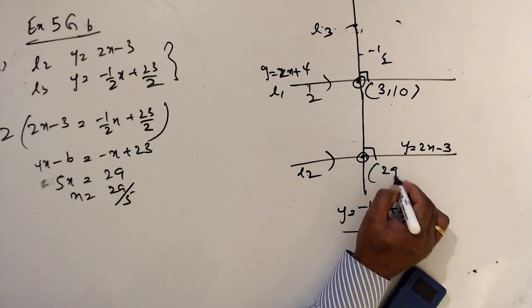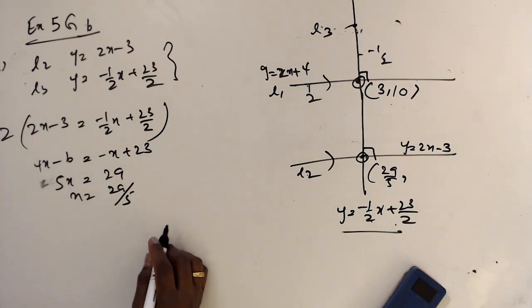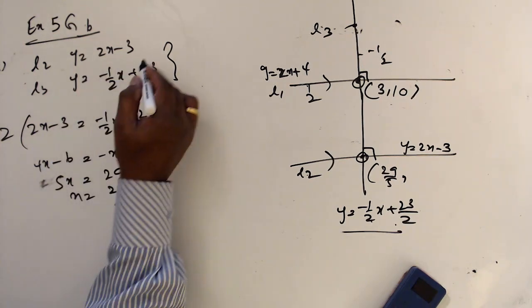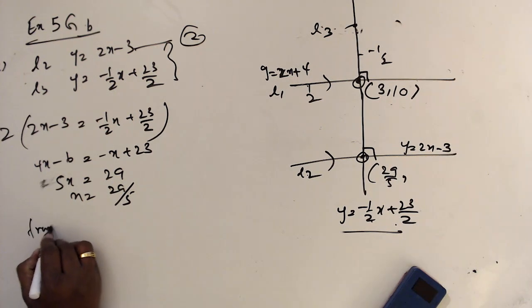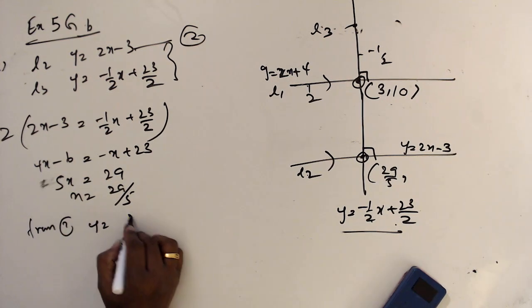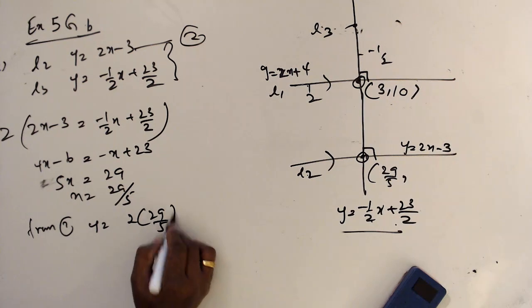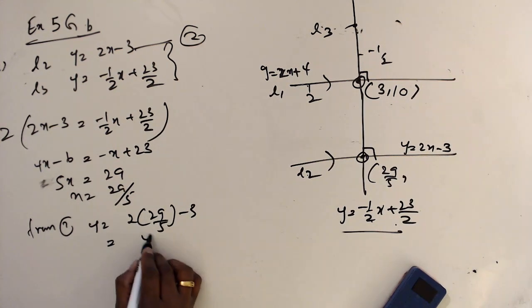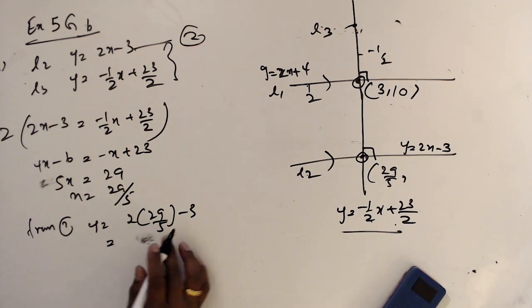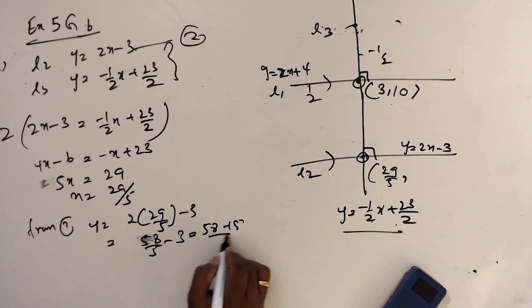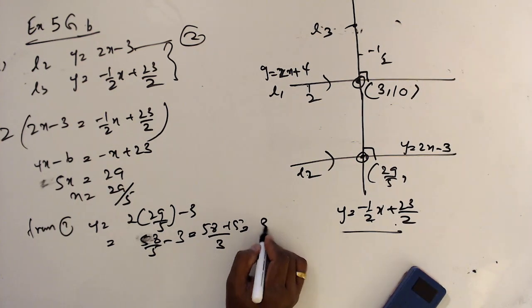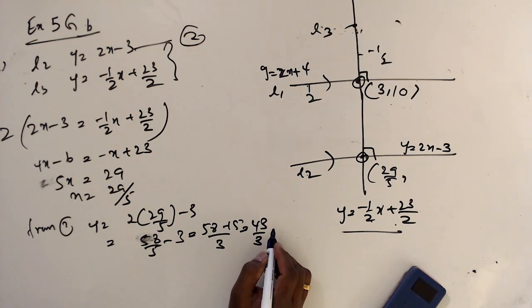So this is 29 over 5. Now I want to find y. From L2, y equal 29 over 5 times 2 minus 3. This is going to be 58 over 5 minus 3, which gives 43 over 5.